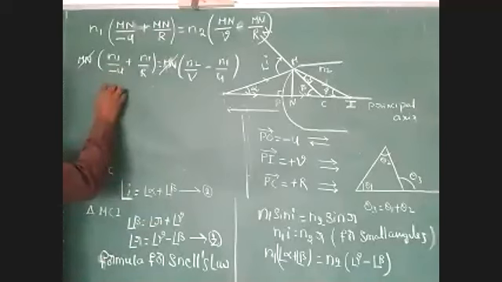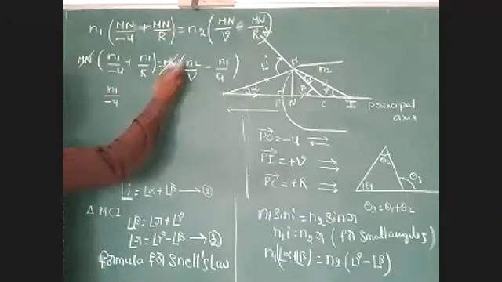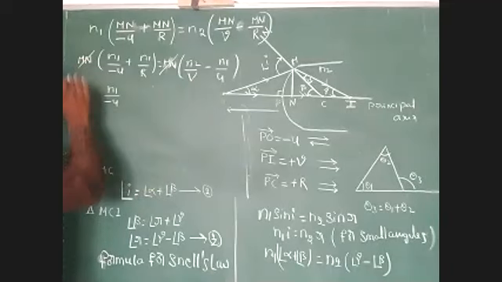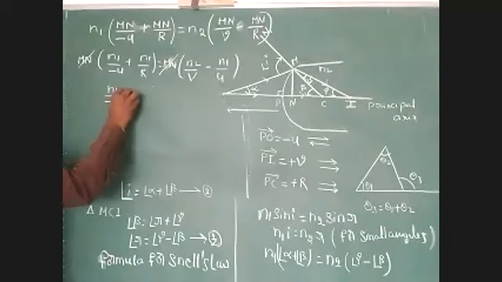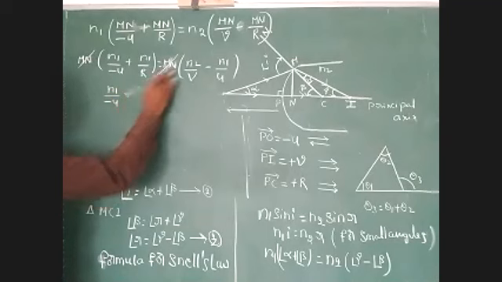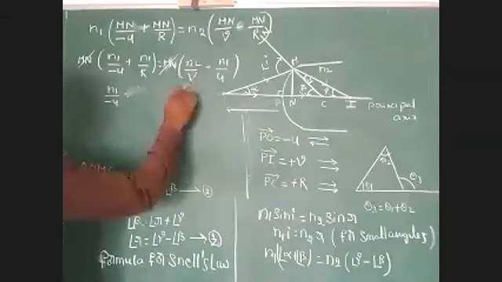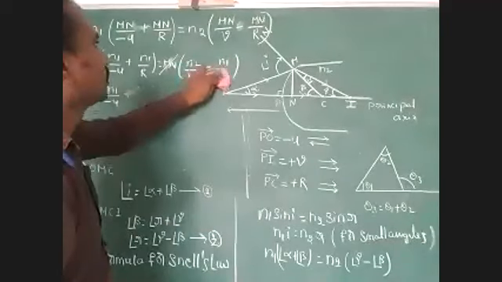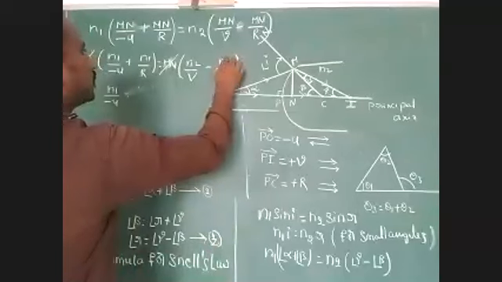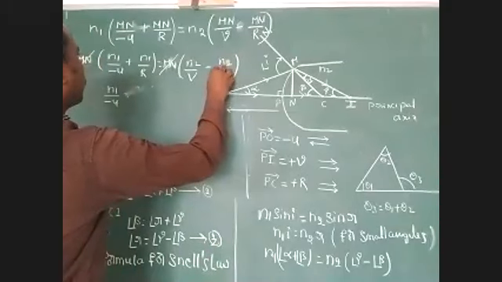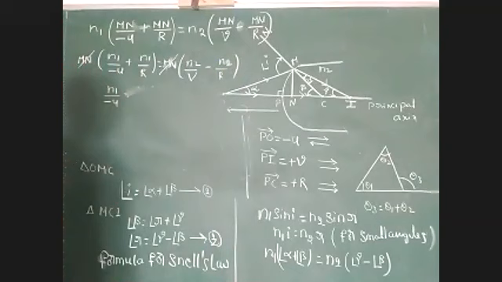The next one, n1 by minus u, plus n2 by v, come to left hand side. Here n2 by R. Understood? Do you have any doubt? Now n1 by R goes to that side. Sign convention missed.